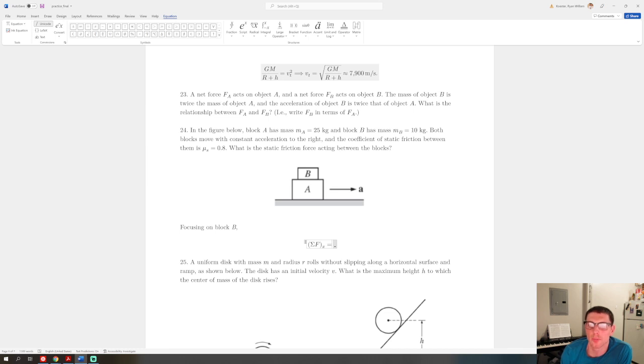And so the only force acting on block B in the x direction is the force of static friction. In this case, the force of static friction is making this thing move to the right. And we would just say that this is m_B times a.